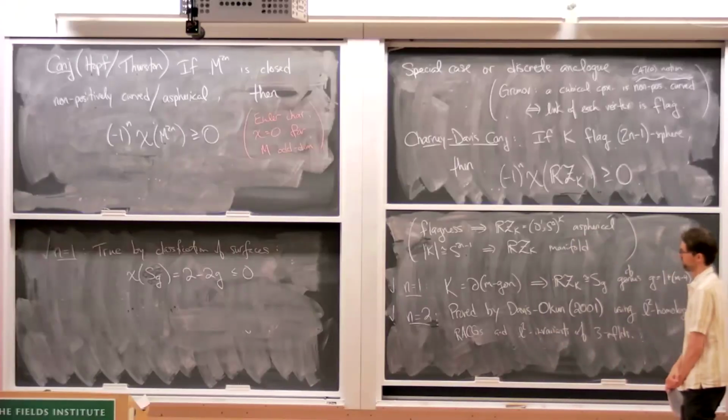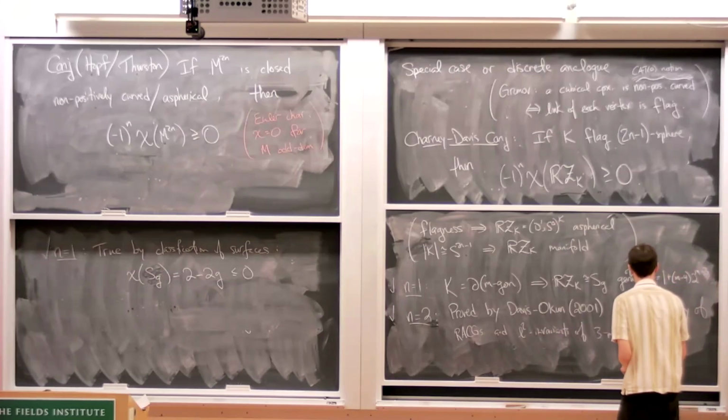I've asked a few people about the status of this conjecture. During the focus program last summer, Ian Leary was here. I asked him about this case, and apparently this paper is known for being very hard.